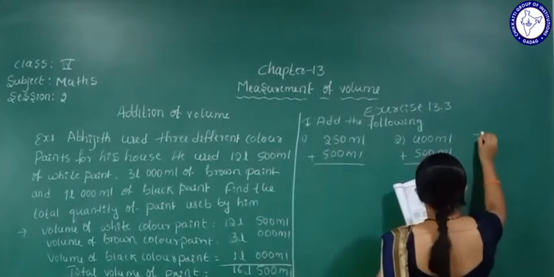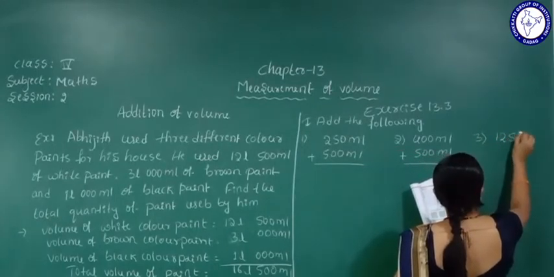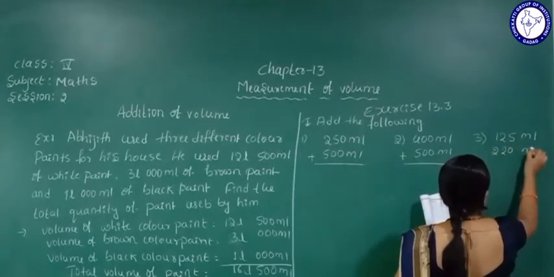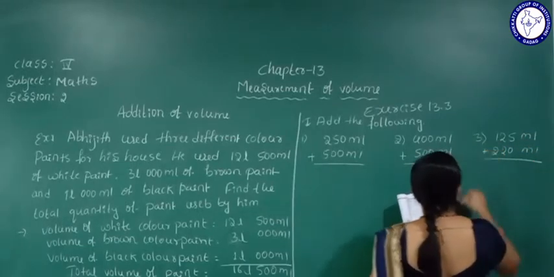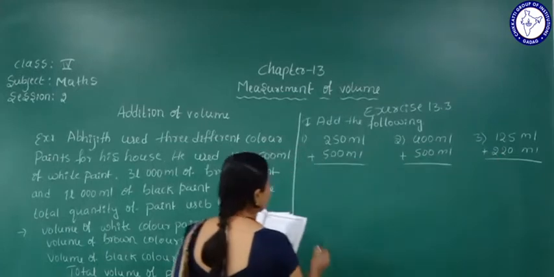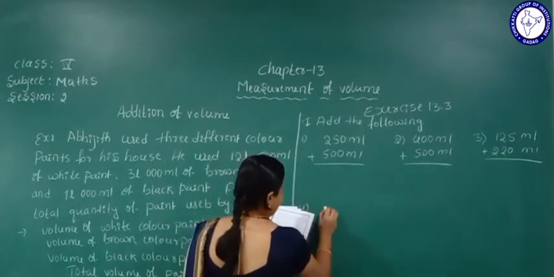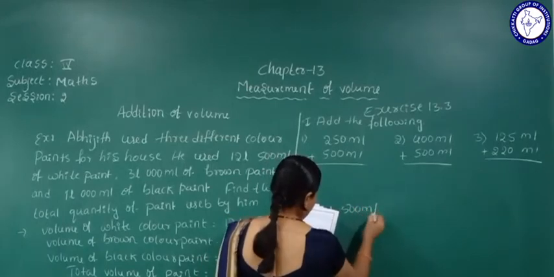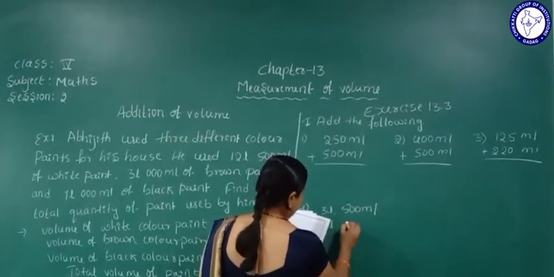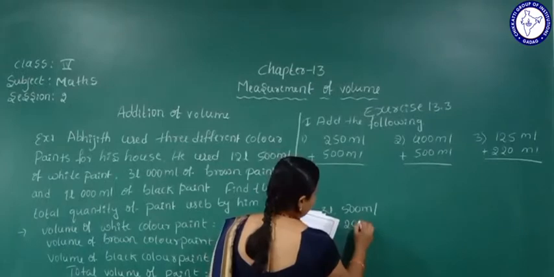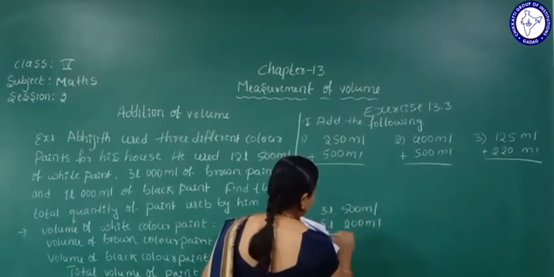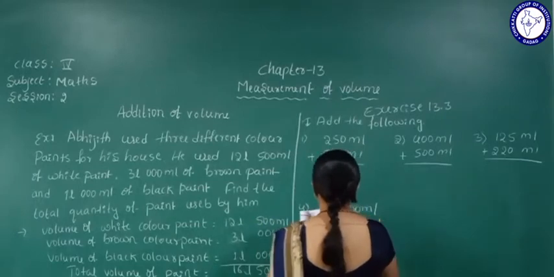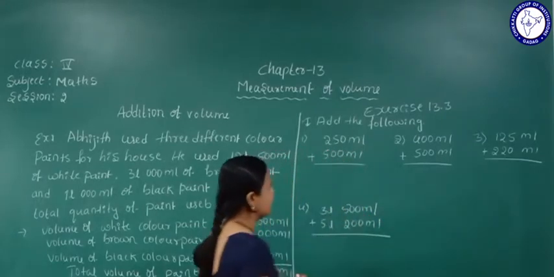Third one, 125 ml plus 220 ml. Fourth one, 3 liter 500 ml plus 5 liter 200 ml. So we add the following.